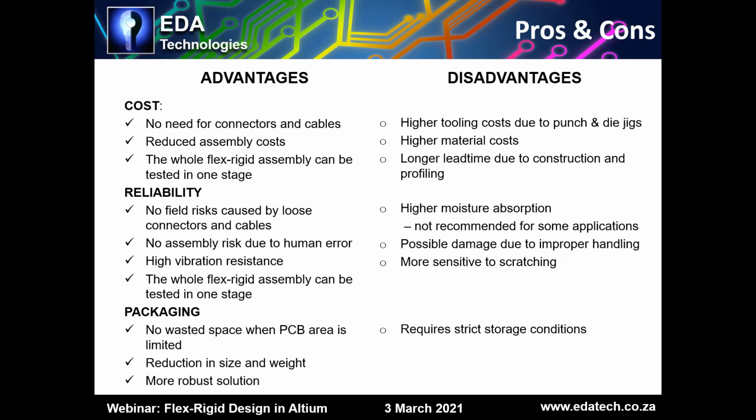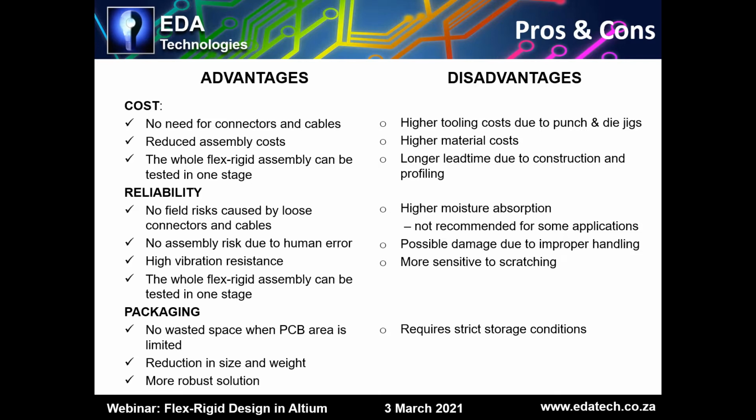One of the biggest drawbacks on flex rigid is the moisture absorption. So it absorbs moisture at a much higher rate than traditional FR4. So you may need to take extra precautions, or make sure the whole entire unit is fully encapsulated. But that's one of the drawbacks.